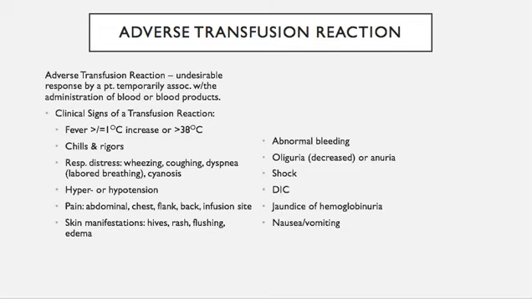So some of those clinical signs of a transfusion reaction could be the patient develops a fever with greater than or equal to a 1 degree Celsius increase or greater than 38 degrees Celsius, chills or rigors, respiratory distress, so that can be defined as wheezing, coughing, dyspnea, or cyanosis, which means the skin starts to turn blue, hyper or hypotension, pain, either abdominal, in the chest, flank, back, or at the infusion site.